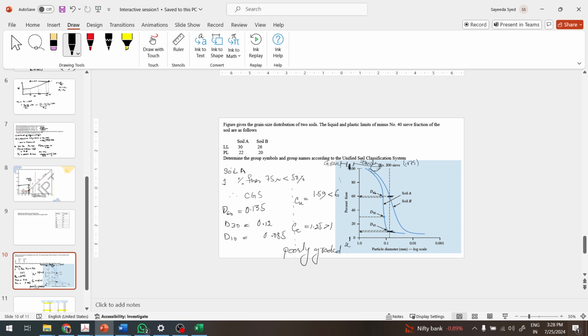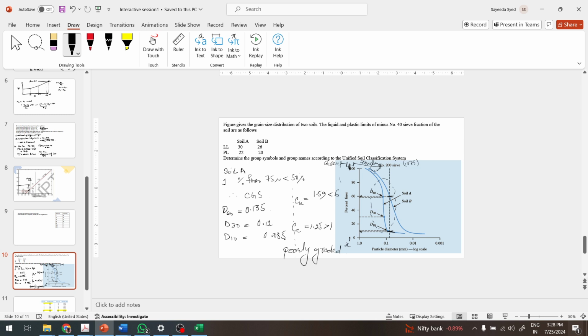You can even see it from here. This is a poorly graded soil because it is kind of uniformly graded. It has more particles with a certain diameter than the rest.